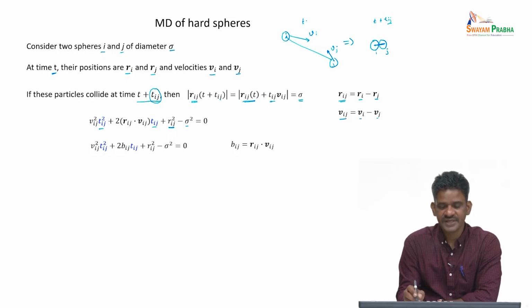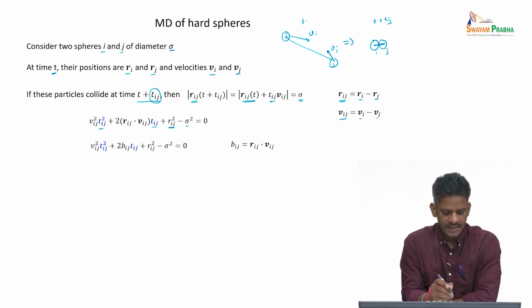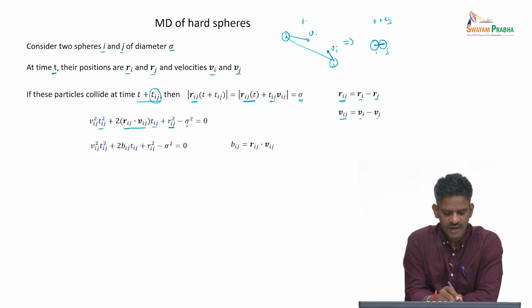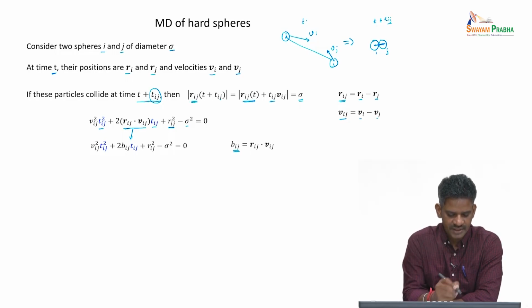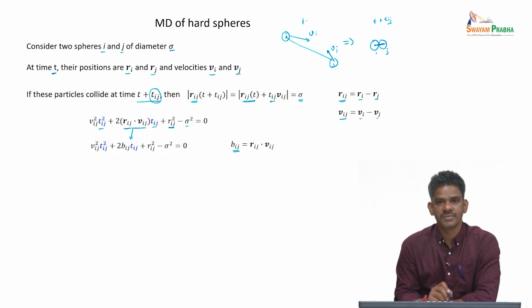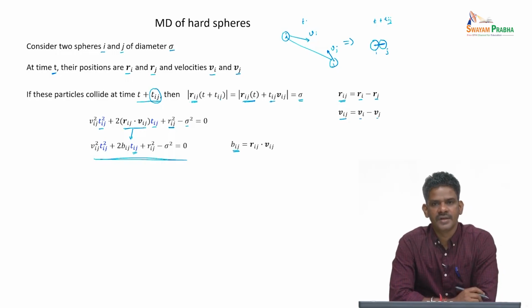What we are basically doing is taking the square of the dot product of the same terms, which gives this expression, quadratic in Tij. The dot product of Rij with Vij, the separation vector projected on the relative velocity, we call Bij. So the equation is rewritten as Vij squared Tij squared plus 2 Bij Tij plus Rij squared minus sigma squared equals 0. If I solve this equation, I will get the time Tij at which these two particles i and j will collide.